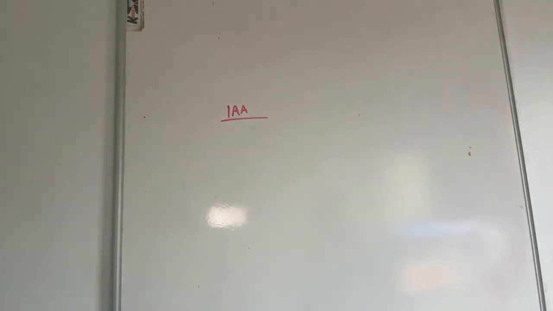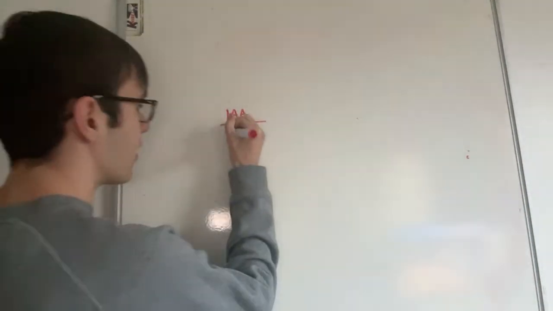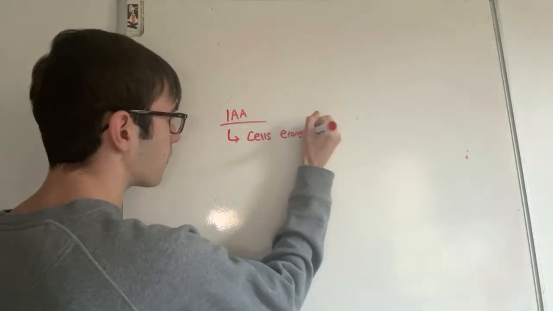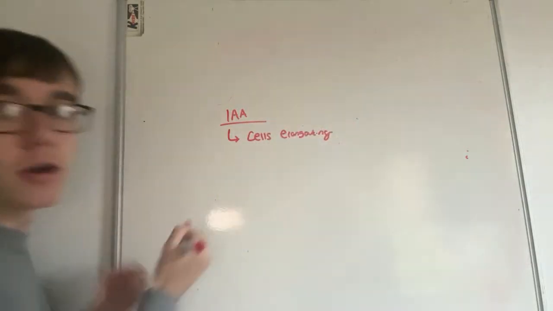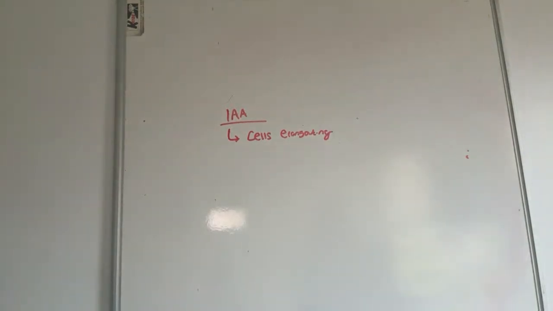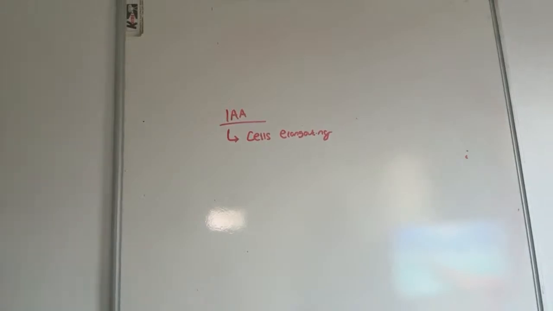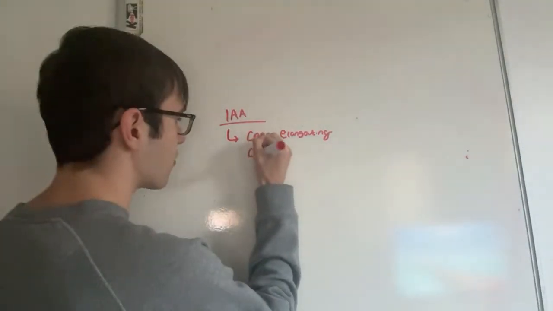So, the main idea is that IAA is all about cells elongating. Cool. We know that. Cells elongate, which obviously we'll talk about just in a sec. And it's only produced in meristem areas.